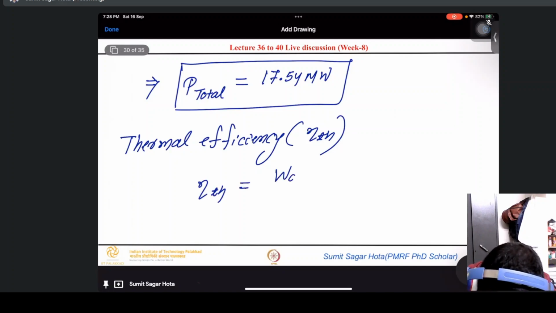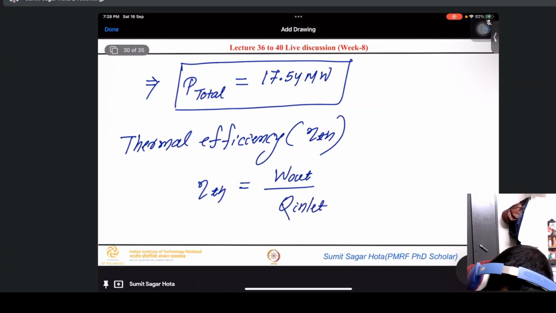So W out, very simple, divided by the heat input. Okay, W out, or you can write total, na? Yeah.